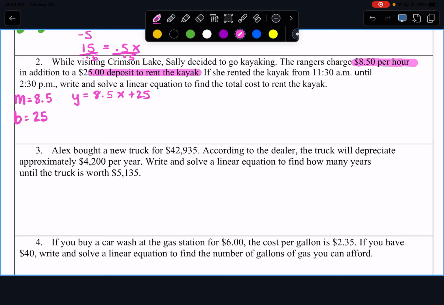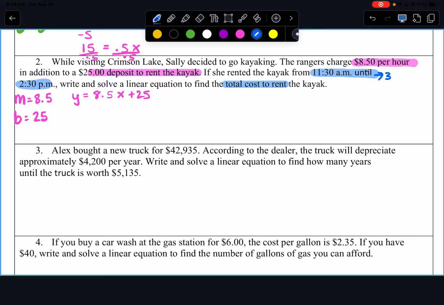So if she rented a kayak from 11:30 until 2:30 p.m., write and solve the linear equation to find the total cost to rent the kayak. What does the 11:30 to 2:30 tell us? She rented it for 3 hours.